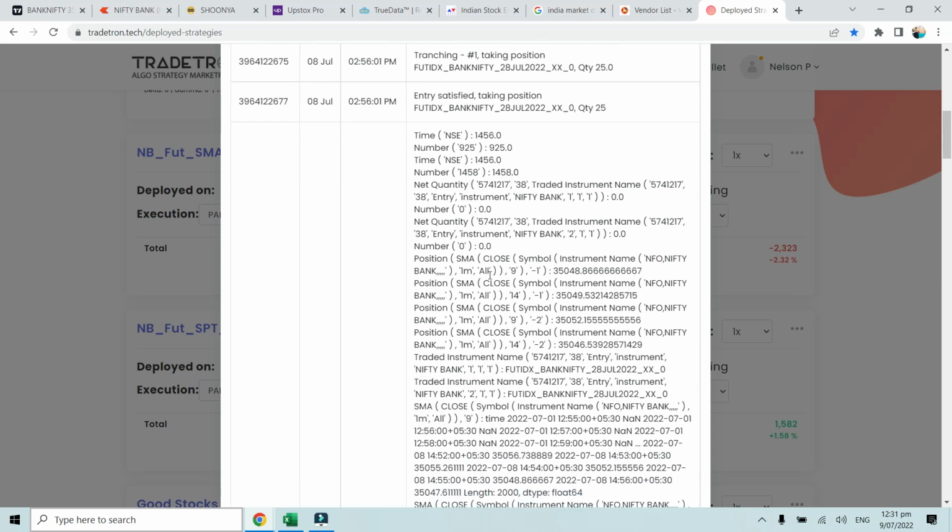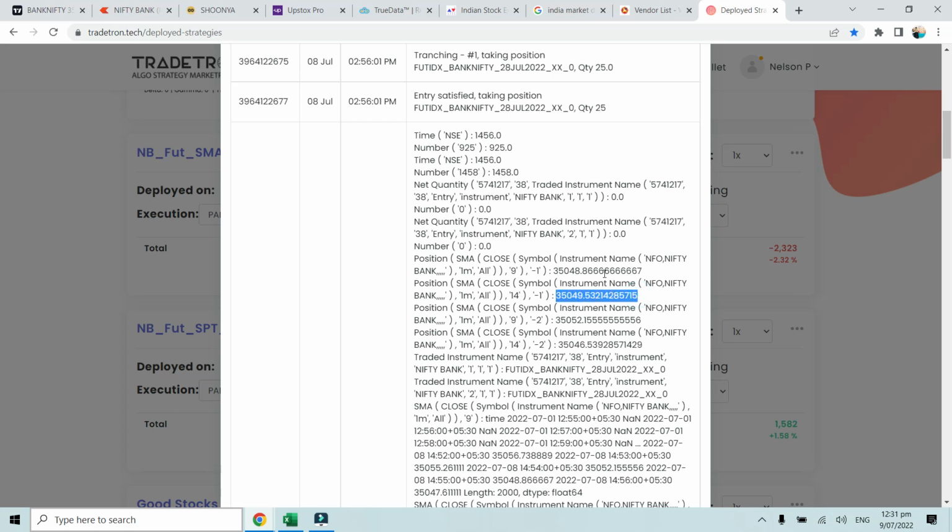For example, the SMA value of this particular instrument, NFO Nifty Bank, was at 35,048, and the SMA positions of -1, 9 and 14 were as shown. It met my entry condition that this value 35,048 is greater than or less than 35,049. That's the reason why it took the trade.